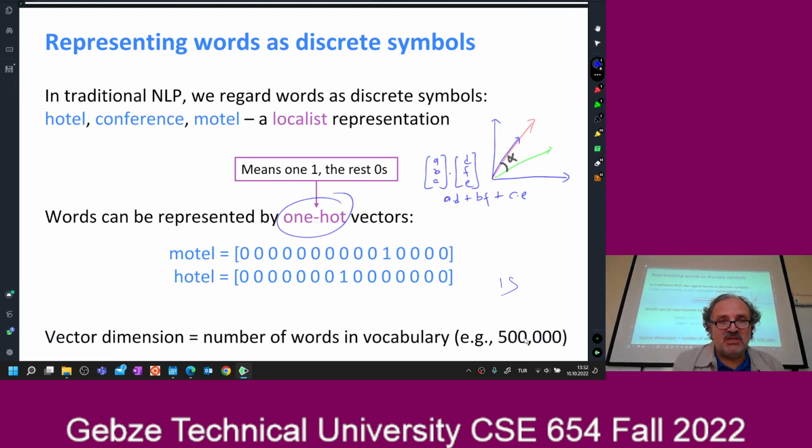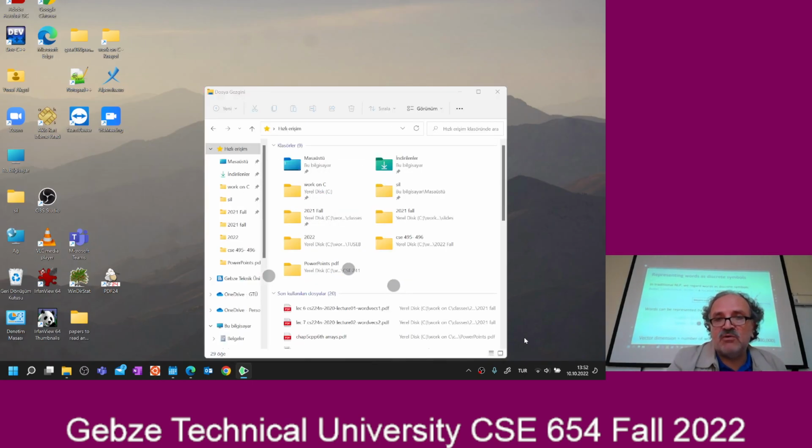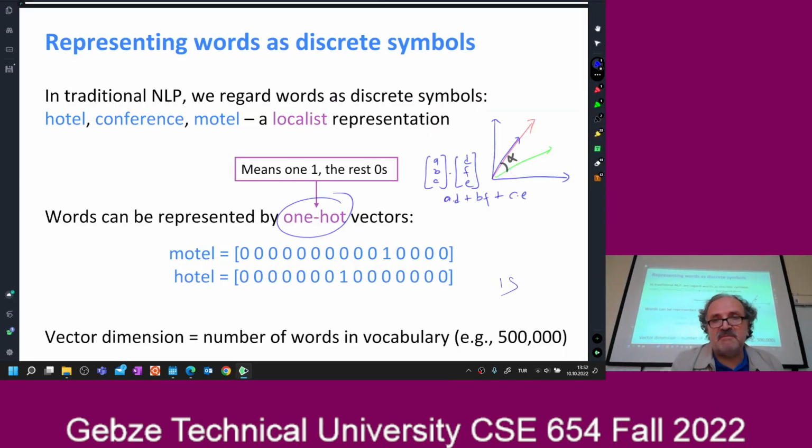They are not similar to each other. And if two words are similar to each other in this representation, they have to be the same word, right? Otherwise, they wouldn't be similar. So it's a representation method, but it's not a very nice one because it is very limited in terms of finding the similarities. But still, we are going to use this kind of representation as a starting point.